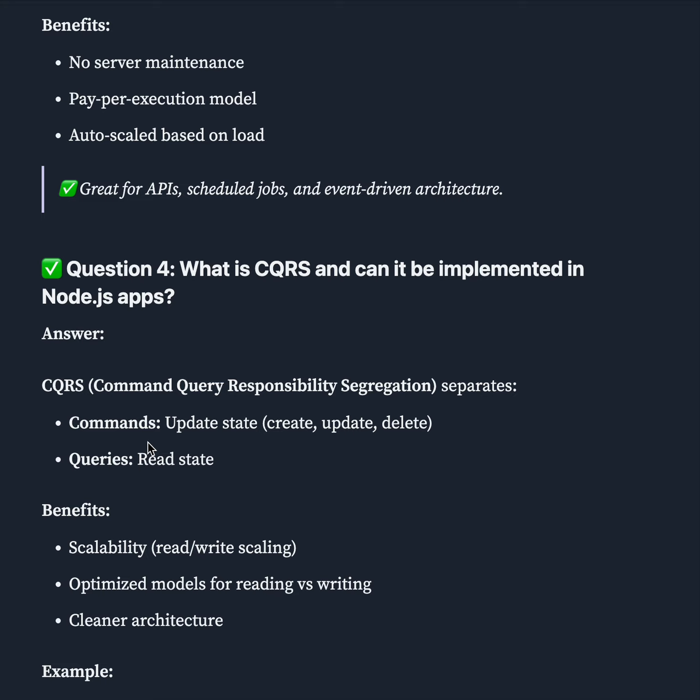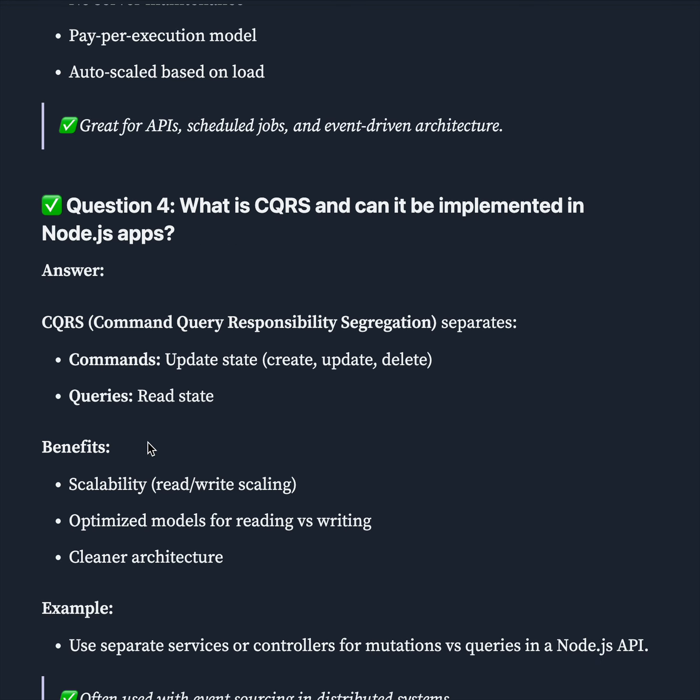Next question is, what is CQRS and can it be implemented in Node.js apps? So CQRS is command query responsibility segregation. It basically separates commands and queries. So you have commands that update state like create, update and delete, and queries that read state.